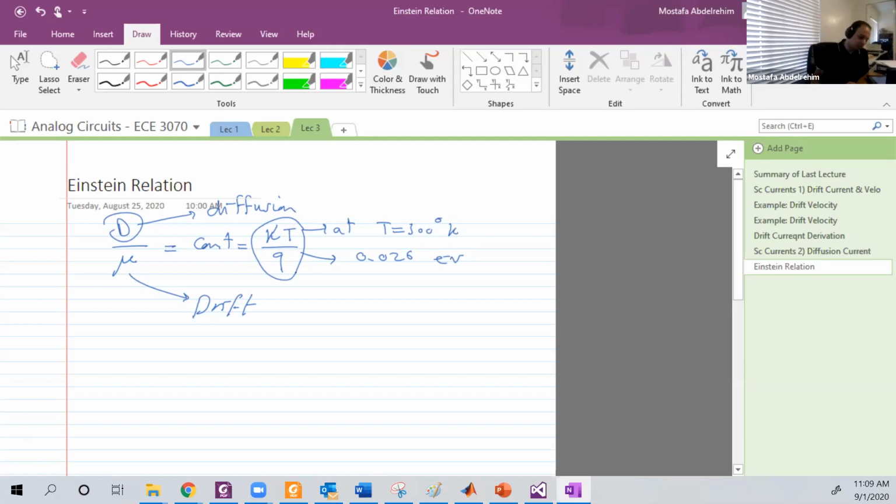That's it. And sometimes they call that thermal voltage. That relates to this electron volt stuff, because we said that electron volt means the energy required to move an electron between two electrodes with a potential difference of 1 volt.